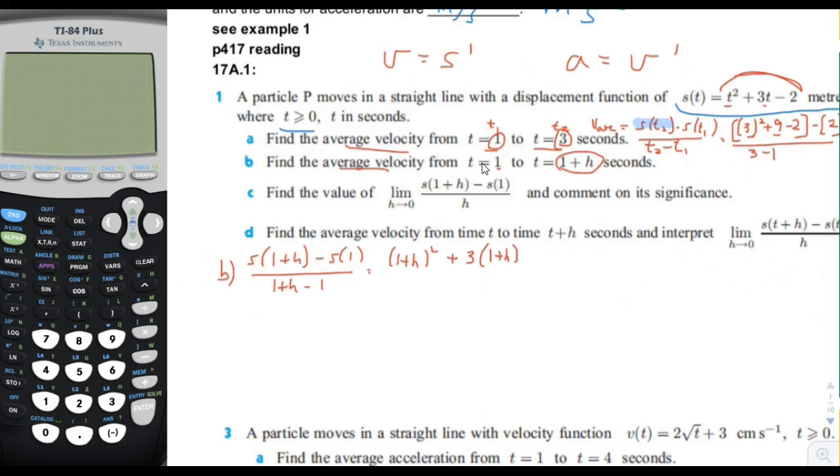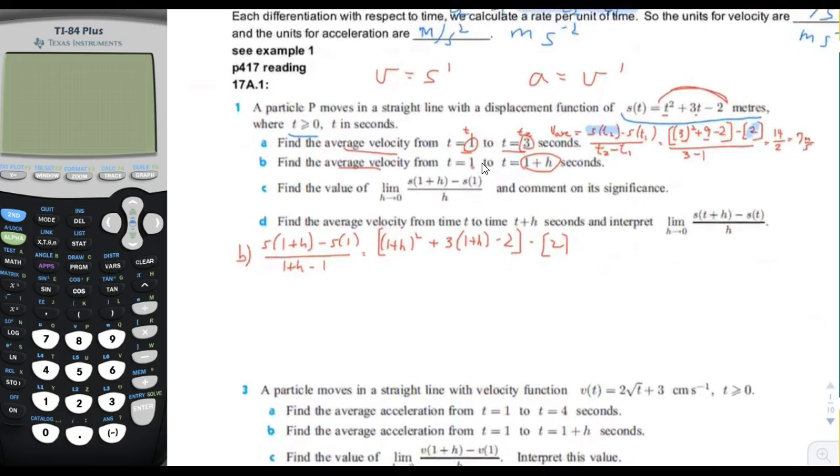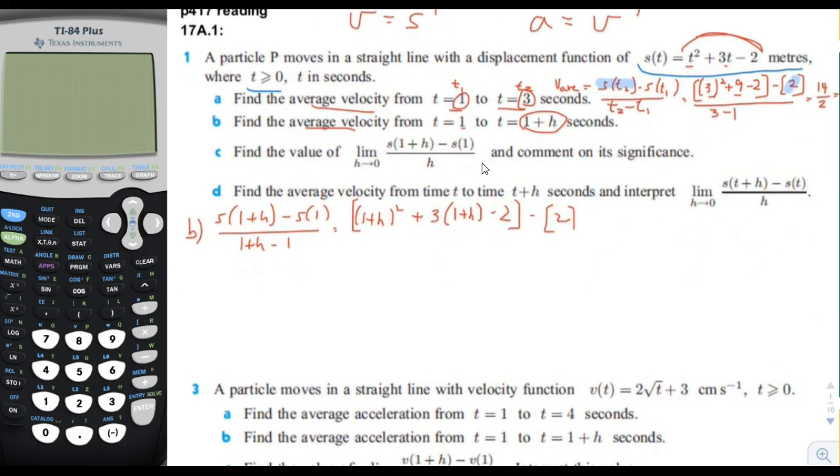expression here. And it's going to maybe be reminiscent of some of the work we did in the first differentiation chapter. And then we'll put 1 in, and we're going to get 2. We already found that, right? Remember that s of 1 is 2. And then in the denominator we'll simply have h because the 1's cancel out.